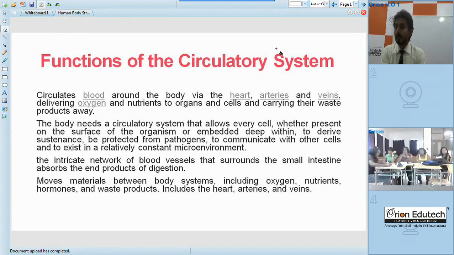So the second major function of the circulatory system is to provide the essential nutrients for the proper functioning of the organs and cells of the body, and protect those cells and organs from pathogens in the environment, to keep our body healthy.